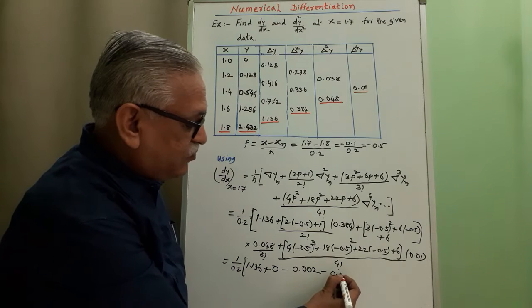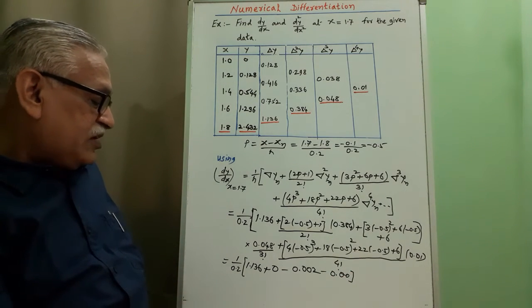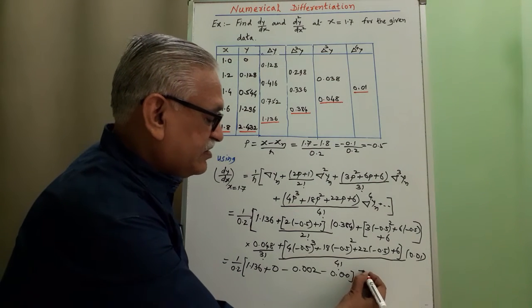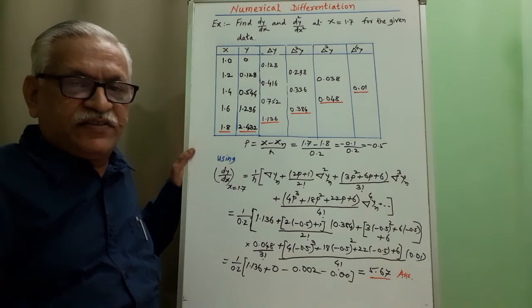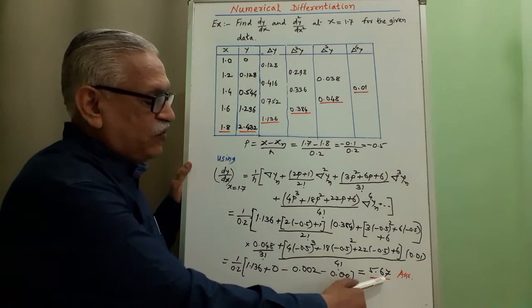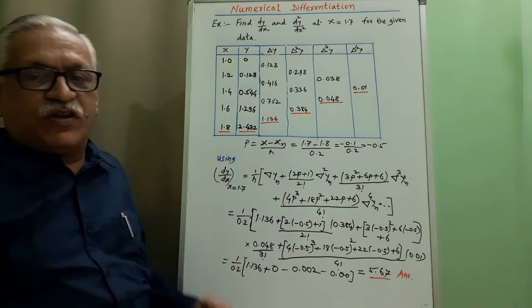That value is 0.000. If we perform the addition of all these values, the value of dy by dx at 1.7 is 5.67, obtained with the help of this formula.